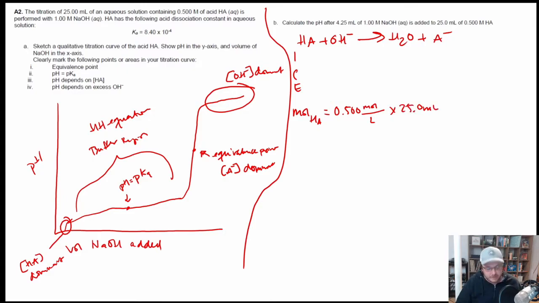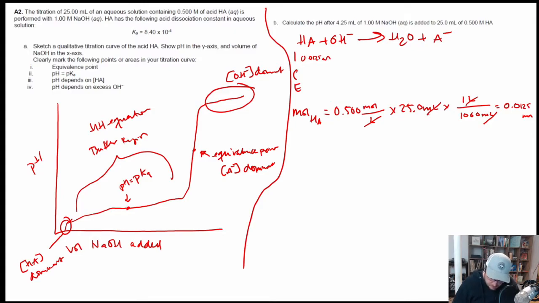We have to convert the milliliters into liters, so that's 1 liter over 1,000 milliliters. Milliliters cancels, liters cancels, and we end up only with moles. So the moles of HA that we're starting off with is 0.5 times 25 divided by 1,000, which is 0.0125 moles.